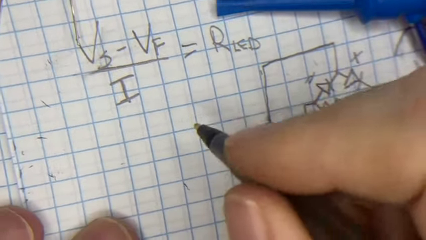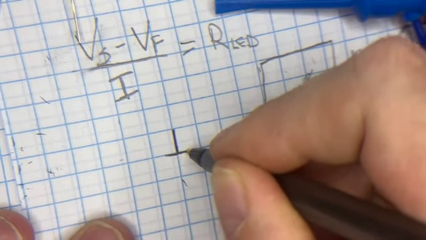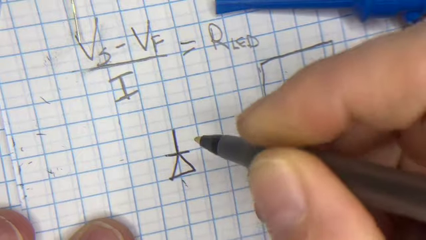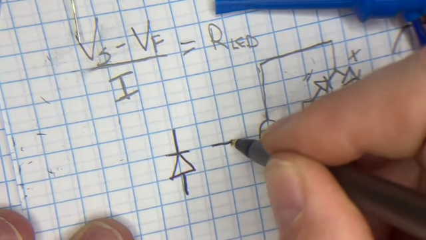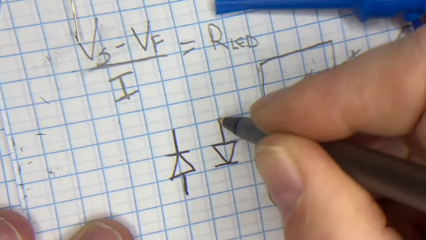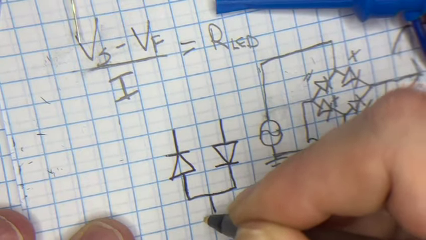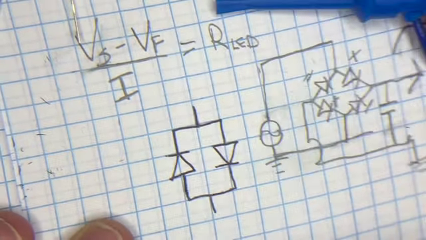So a clipping element is an element that looks kind of like this. It's made up of two diodes, but they are reversed from each other. And they're set up in parallel like this.